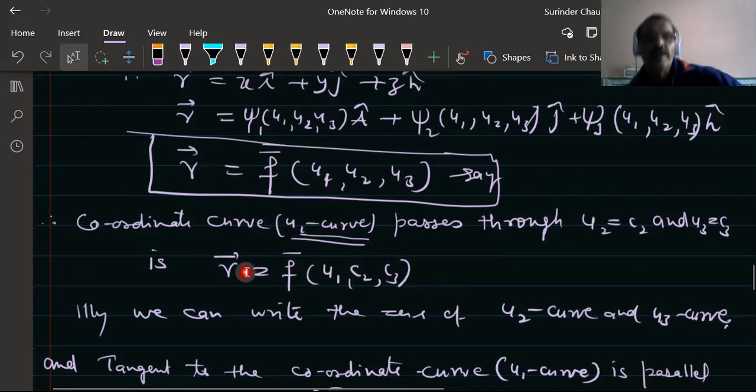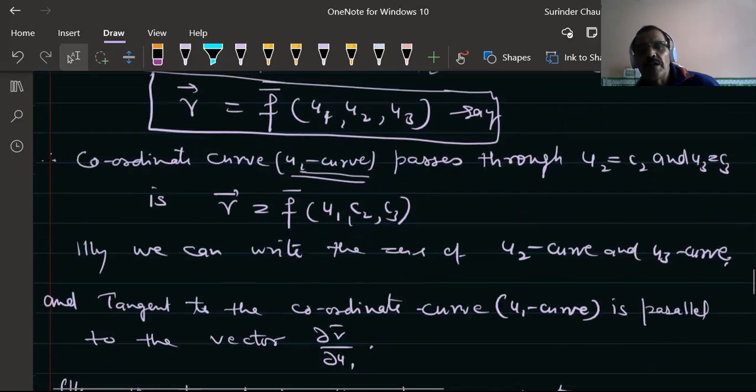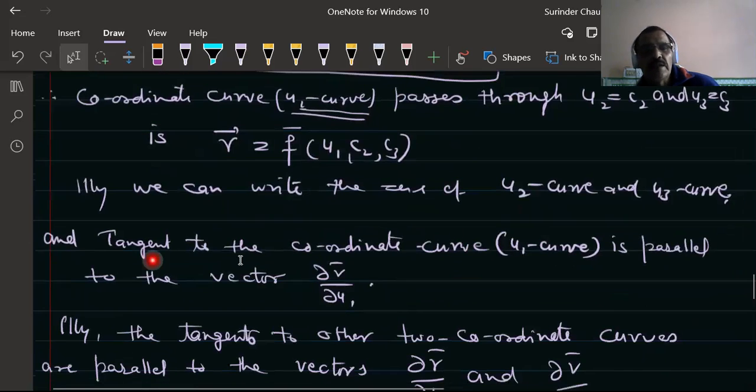Similarly, if you want to write the equation of the u2 coordinate curve, what will that be? You replace u1 by c1 and u3 by c3, and similarly the u3 curve will be R equal to f of c1, c2, u3. And the tangent to the coordinate u1 curve is parallel to the vector partial r by partial u1.